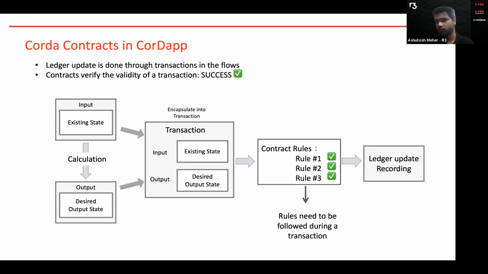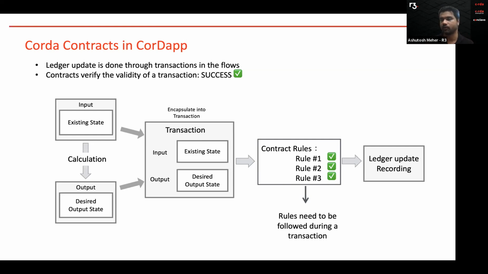And then you take this transaction and run it through all the contracts, all the rules that you have written. If all the rules are valid, and you see that your transaction is satisfying the contract rules, then you say that it's all fine, and you can finally record it onto the ledger. Now, all these steps that I talked about, picking the input, the output, and then the contract rules, are not done at a single organization level, right?